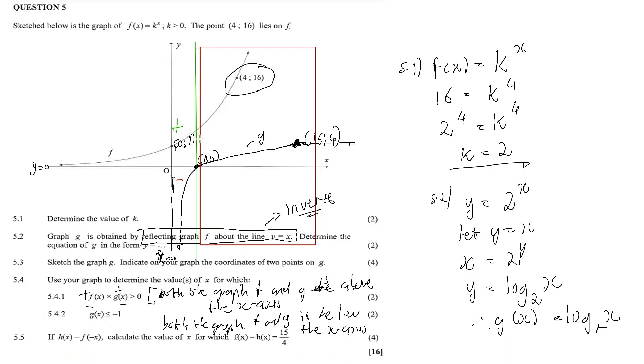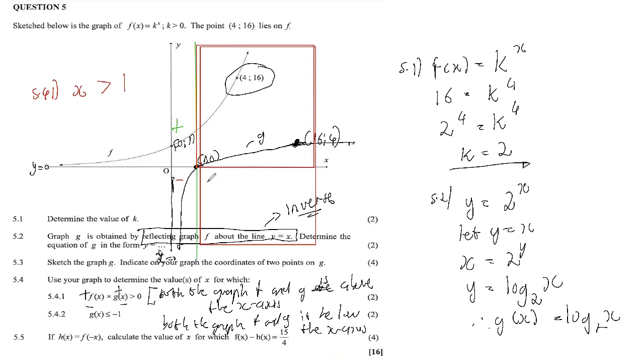So now we can conclude that starting from this point here, from point 1, x coordinate 1, all the way to those x values up until infinity, we will always observe that the graph of g and f will be both above the x-axis. So offering a solution to that, that means now we're going to write our value as 5.4.1. That's when x is greater than 1.